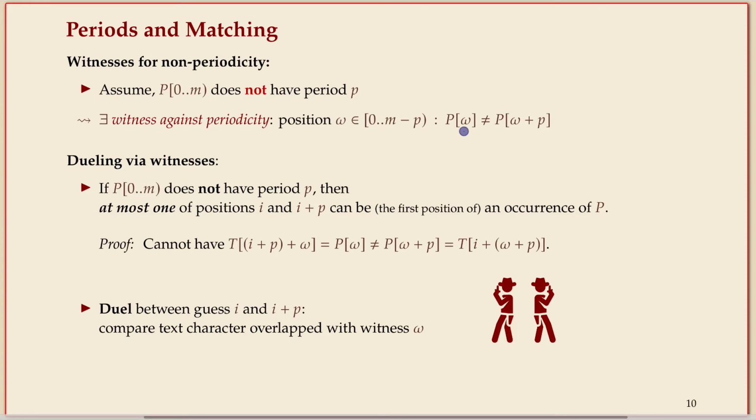So there's the two characters in the pattern, the one at the witness position and the one p shifted. And the text can at most be one of the two, right? So that's, again, spelled out what's in the inequality above. And so the other can't be a match, so it can be excluded. That's how we can get rid of guesses.